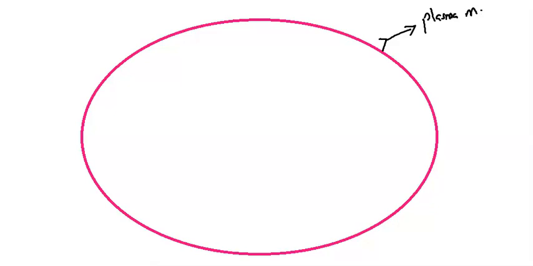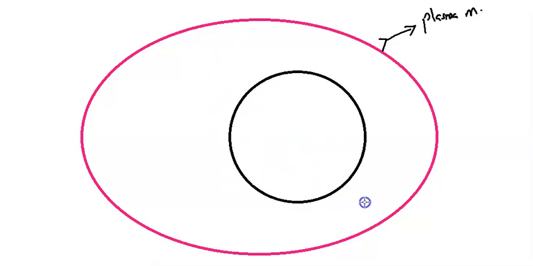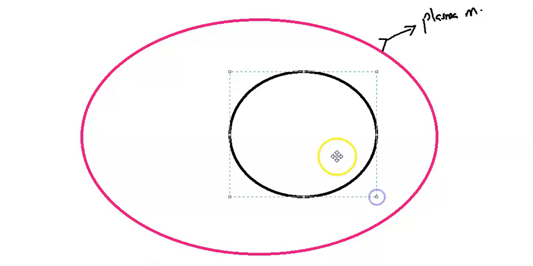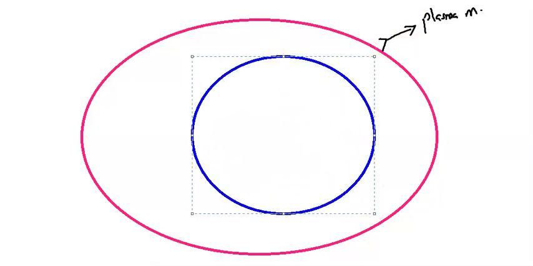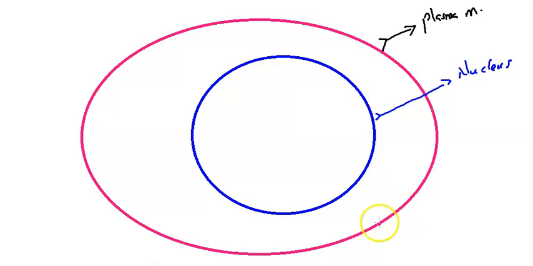Inside of the plasma membrane, and remember we said the plasma membrane is made up of the phospholipid bilayer, on the inside we have the nucleus. The environment, which is this, we call the cytoplasm.